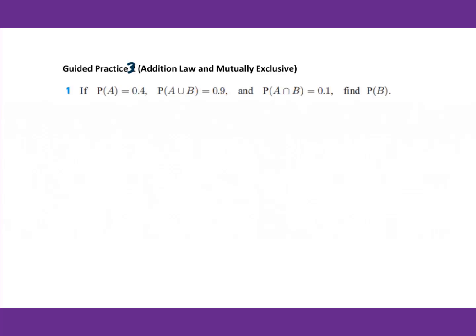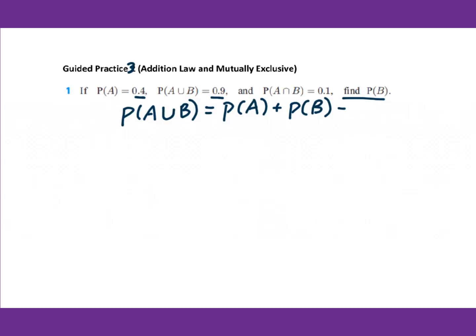Number 1, if the probability of A equals 0.4, the probability of A union B equals 0.9, and the probability of A and B equals 0.1, find the probability of B. According to the addition law of probability, we got the probability of A or B equals the probability of A plus the probability of B minus the probability of A and B. Therefore, we plug in, we got 0.9 equals 0.4 plus the probability of B minus 0.1.